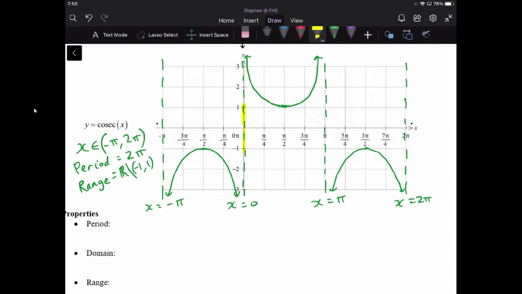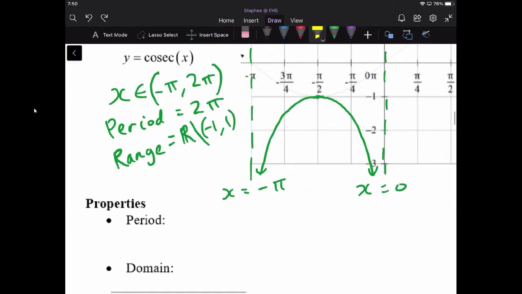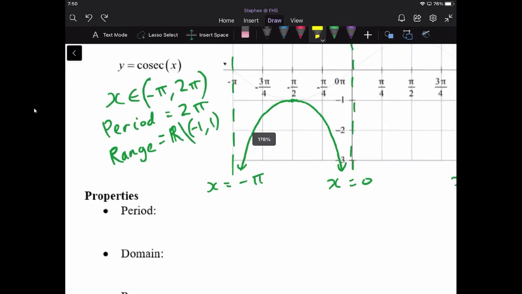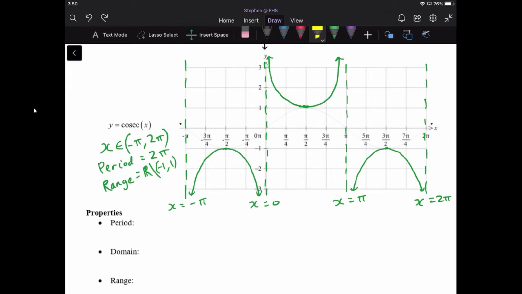Now the question is, why did I use round brackets around the -1, 1? Well, it's because I'm excluding y values. So you see that the cosec graph does go through -1 and 1, so you do not want to exclude the y values of -1 and 1, and that's why you put round brackets around that. Sweet. So there we go.